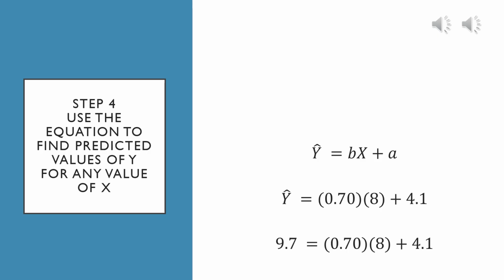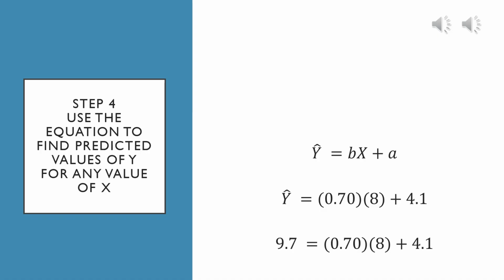Now here's the thing, right? If you found yourself 8 weeks after your last vacation, we don't know with any particular certainty that your stress level would be exactly 9.7. We're saying based on the data, based on the people that we have in this study, the 5 participants who gave us their data, we would predict that someone else who's very similar to those people would have a predicted stress level of 9.7 after 8 weeks of not having vacation.